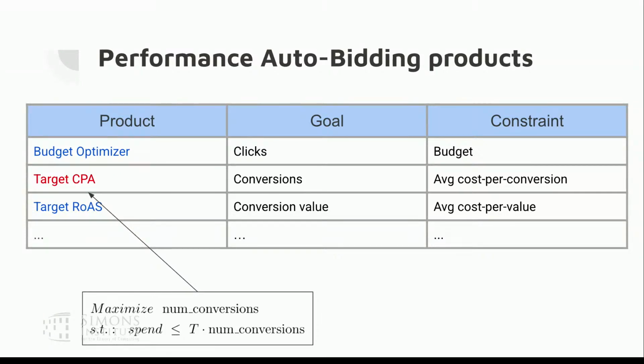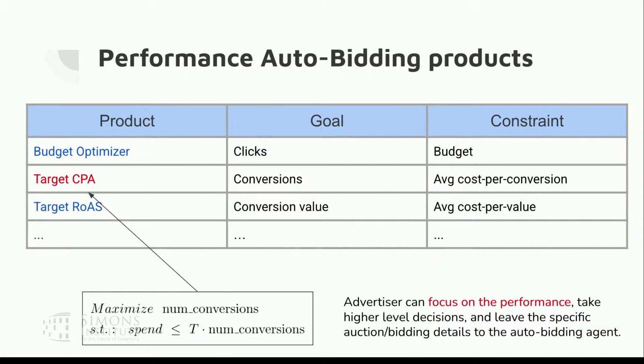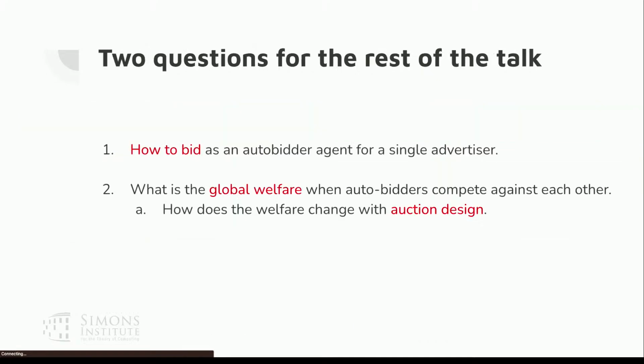Simply, my average spend is no more than this target T. And T is the number that the advertiser gives the auto bidder. This is a very nice system because the advertiser can focus on their performance and take higher level decisions and leave the very detailed bidding to the auto bidding agent.